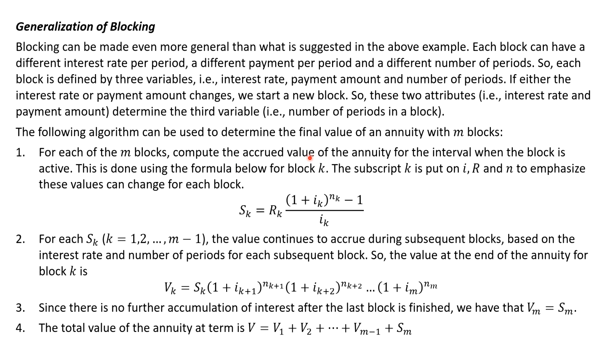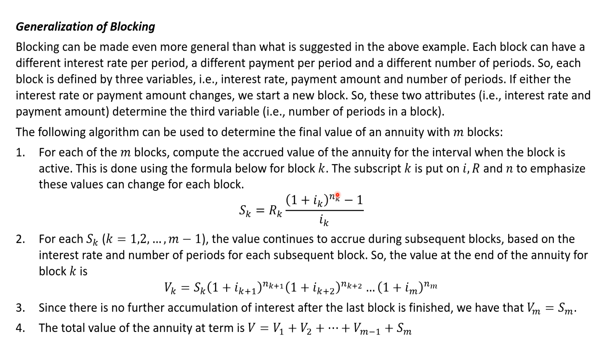This is done using the formula below for block K. The subscript K is put on I, R, and N to emphasize that these values can change for each block, as you notice here, as well as here.